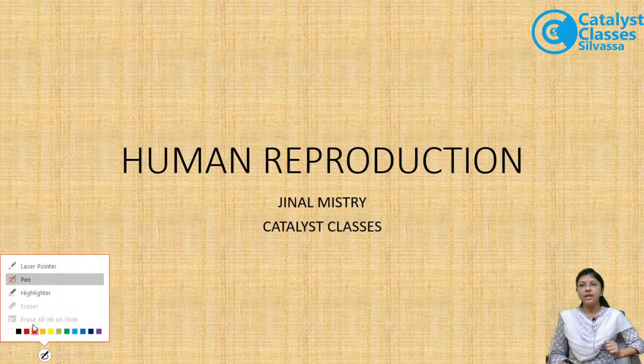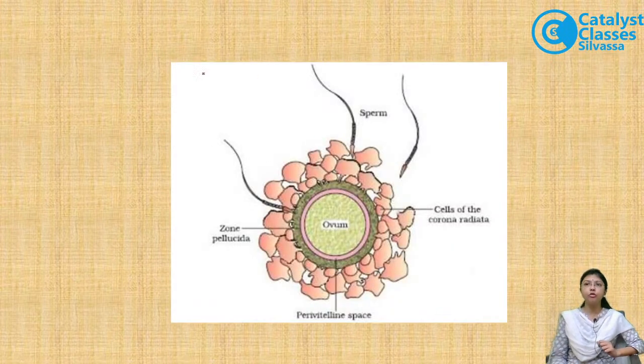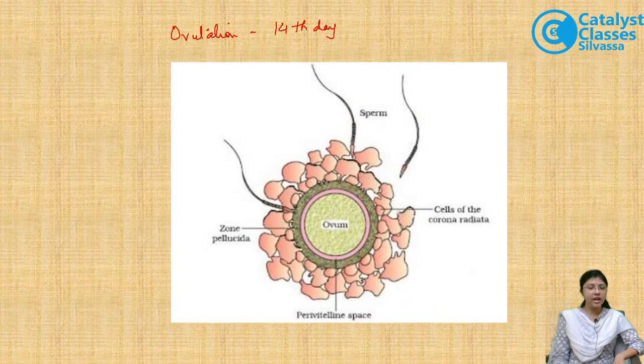As I told you, the first thing we are going to start today is the structure of an ovum. What you see in the picture is the ovum structure. You already know that ovulation takes place on the 14th day, and what exactly this 14th day is, you will come to know when we study the menstrual cycle.